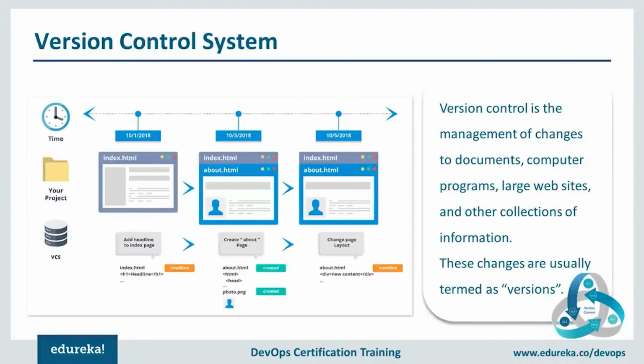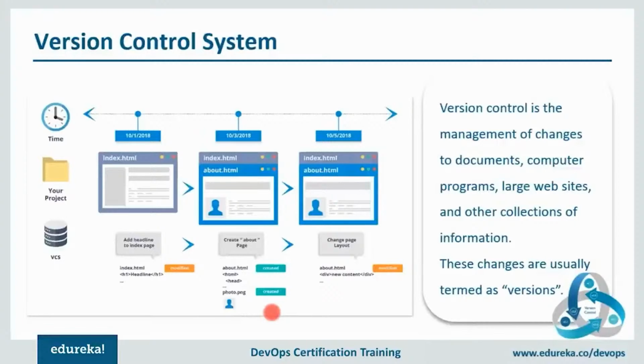After some time, I add another web page, about.html. In this about.html, let's say I've added some pictures and some text, right? What the version control system stores is that it detects that something has been modified. For example, in the about.html, it is showing that a photo has been added.